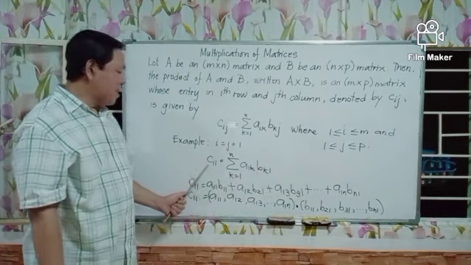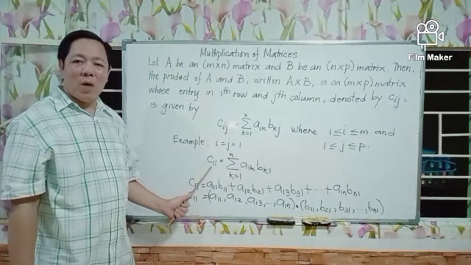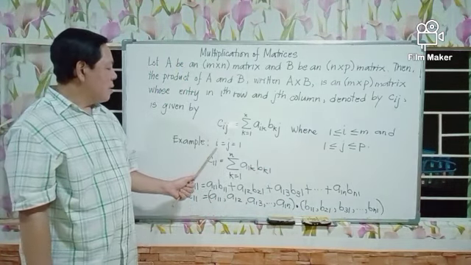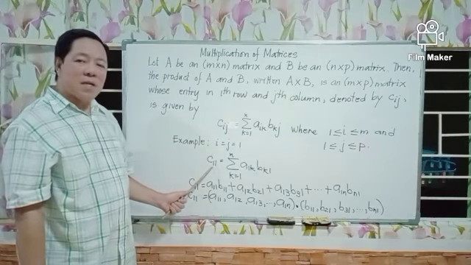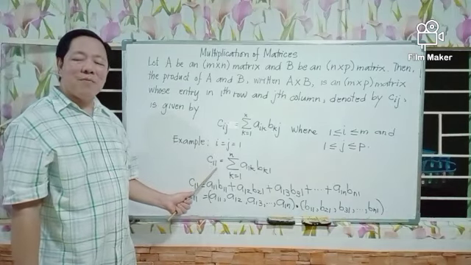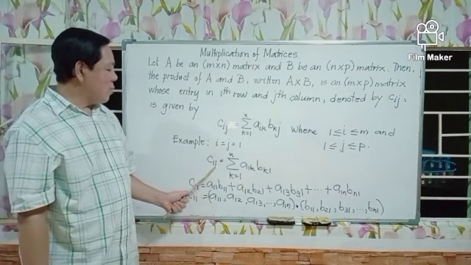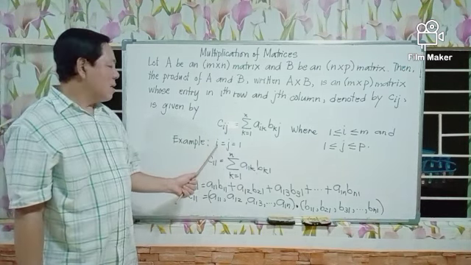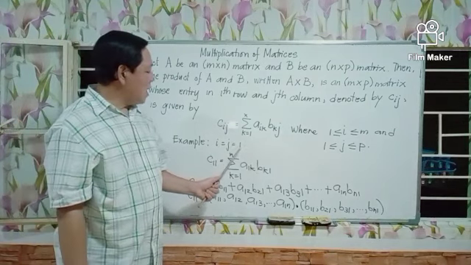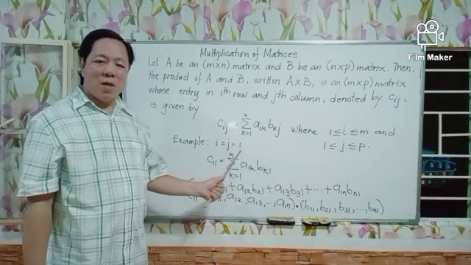And this is a particular example. c sub 1,1 is the entry in the first row and first column of the product of matrices A and B. c sub 1,1 is obtained when i is 1 and j is 1.